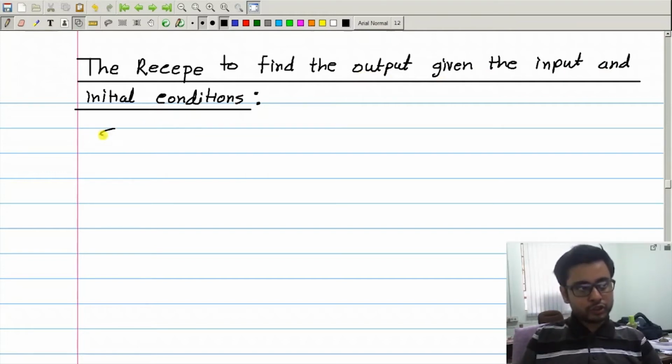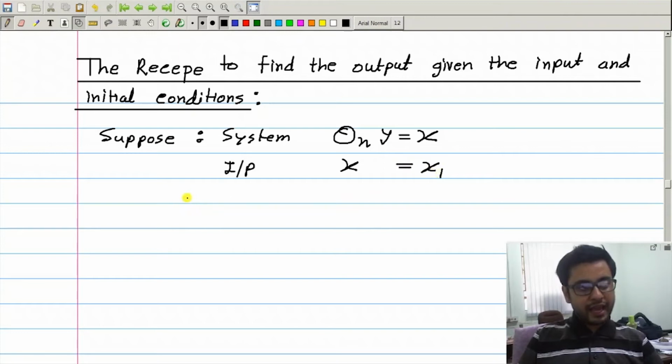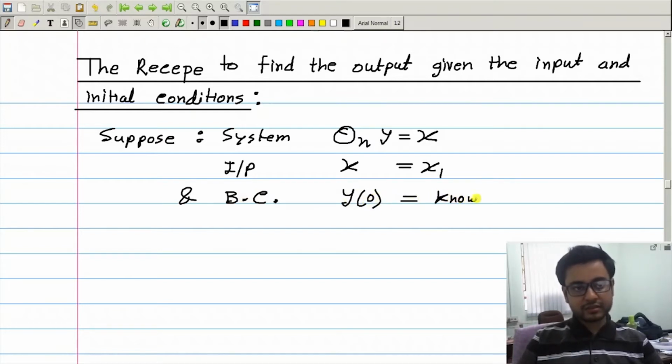So suppose the system is defined like this: Ly is equal to x, the input is given as x equal to x1, and boundary conditions like this: y(0) equal to something and so on.